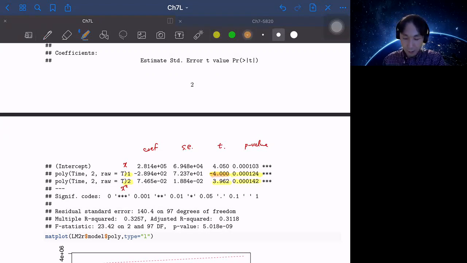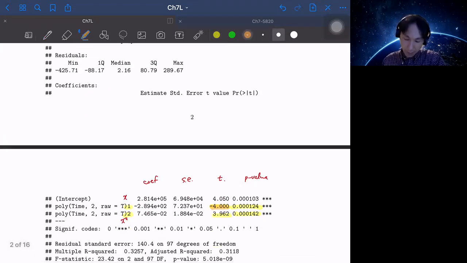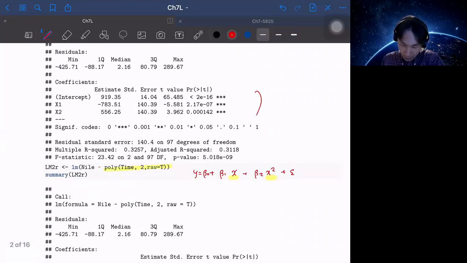Last time it was negative 5.5, maybe negative 5.6, and now it becomes negative 4 because of the collinearity between these two terms. This is negative 289 with a standard error of 72. Previously, this was negative 784 with a standard error of 140.